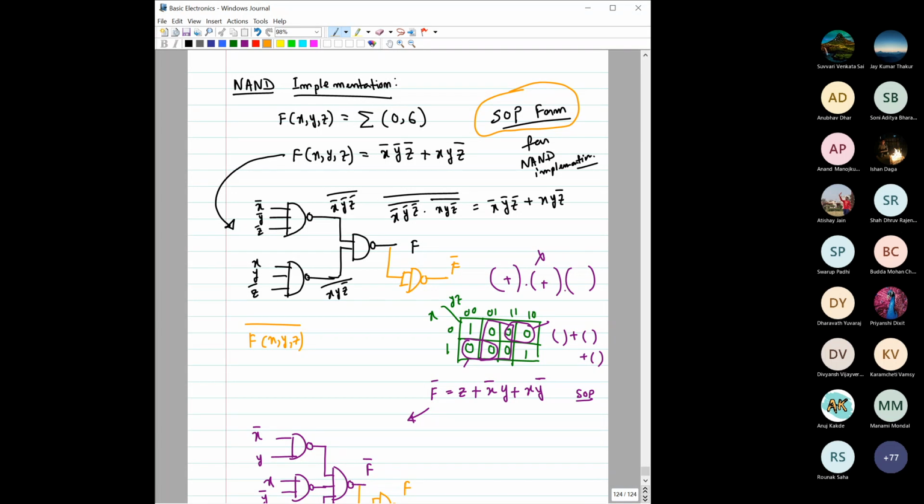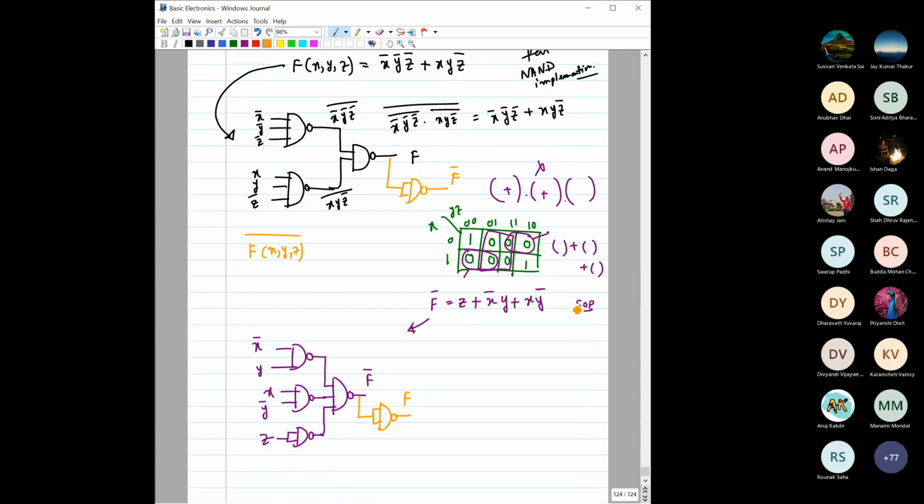And also there is a maximum. Suppose this output is only fed to the input of this gate, right? It could have happened that you could have made something like this. Suppose you need X bar, and this X bar you need for here, for here, for here.